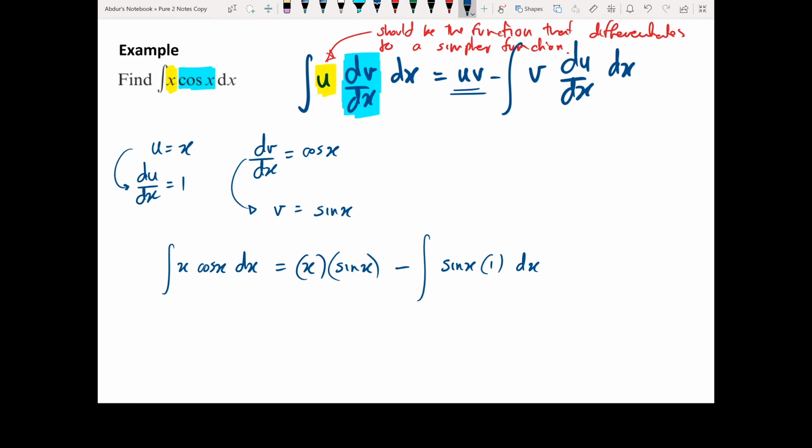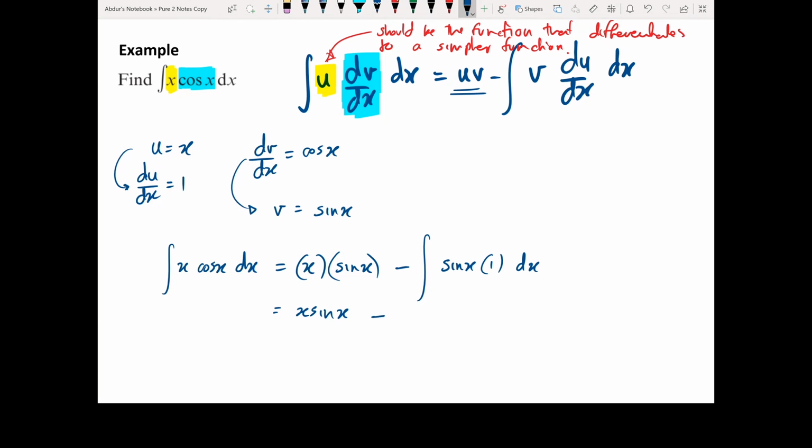So as you can see here, we nearly got the answer. Let's tidy this up a bit. We've got x sin x. Now we need to integrate this sin x function. Now that's relatively easy to integrate because we're integrating sin x with respect to x. Okay, so we know that cos differentiates to give us minus sin x, sorry, and so when we integrate sine, we would get minus.